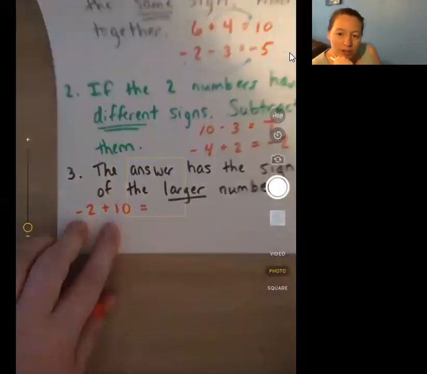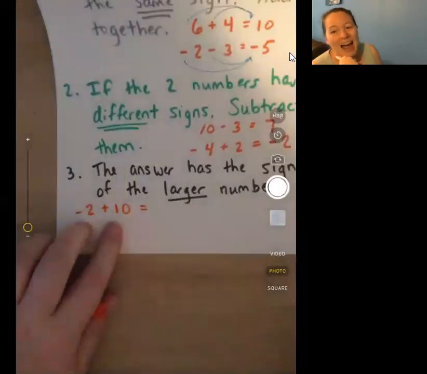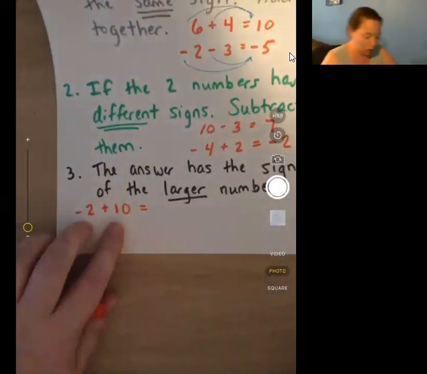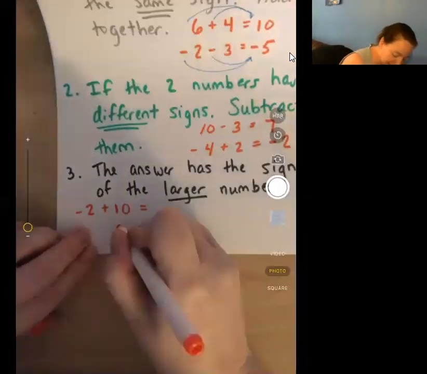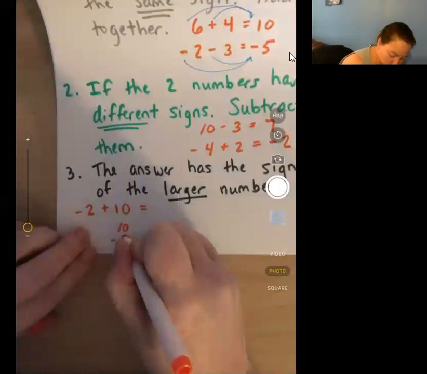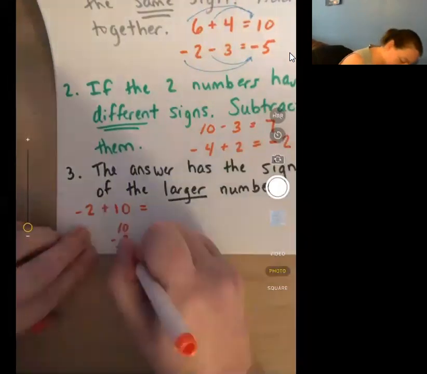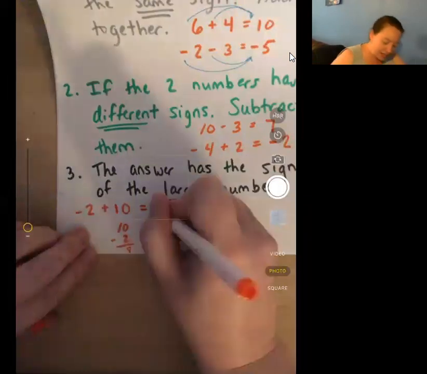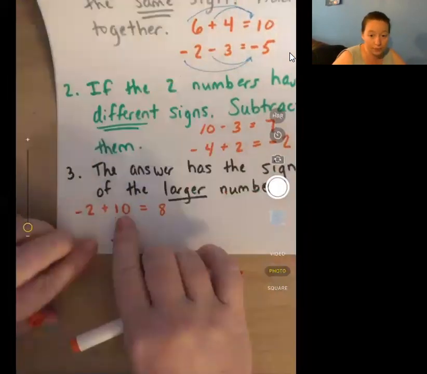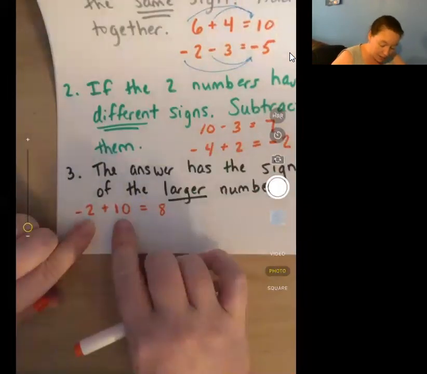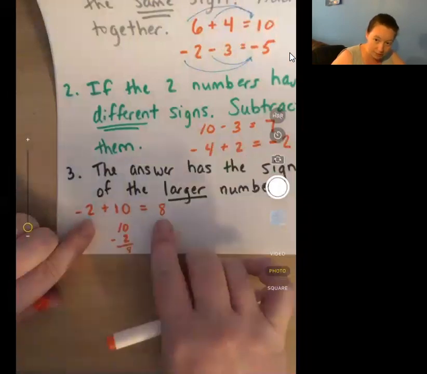I take the smaller number from the larger number every single time. So I rewrite this as 10 minus 2. What is 10 minus 2? 8. Then I look and I see what's our larger number. The 10 is. The 10 is positive, so the 8 will be positive.